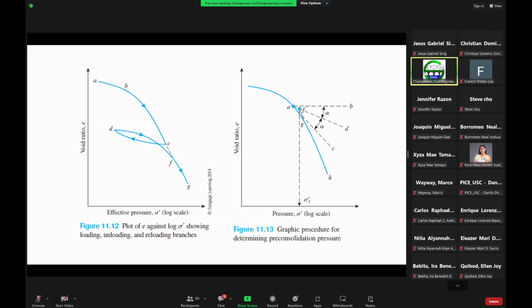We reload the sample, and the sample will follow again this change in the void ratio here. So you have the loading curve, the unloading curve, and then a reloading curve.